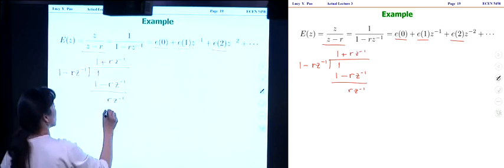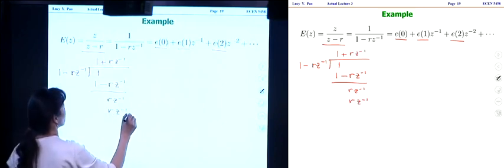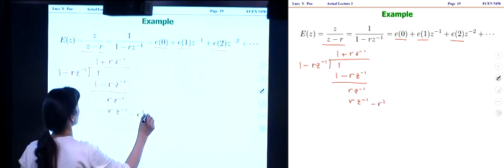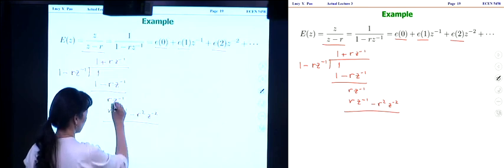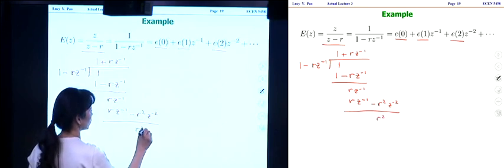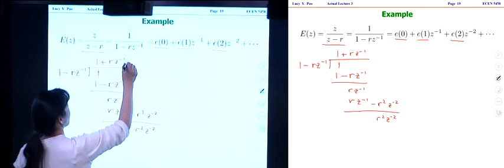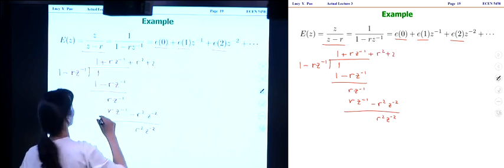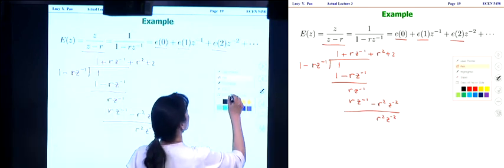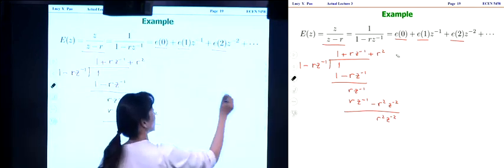We multiply, get r z inverse minus r squared z to the minus 2. Subtract, so these will cancel, and we'll get r squared z to the minus 2. And then you can see that this will be plus r squared times z to the minus 2.